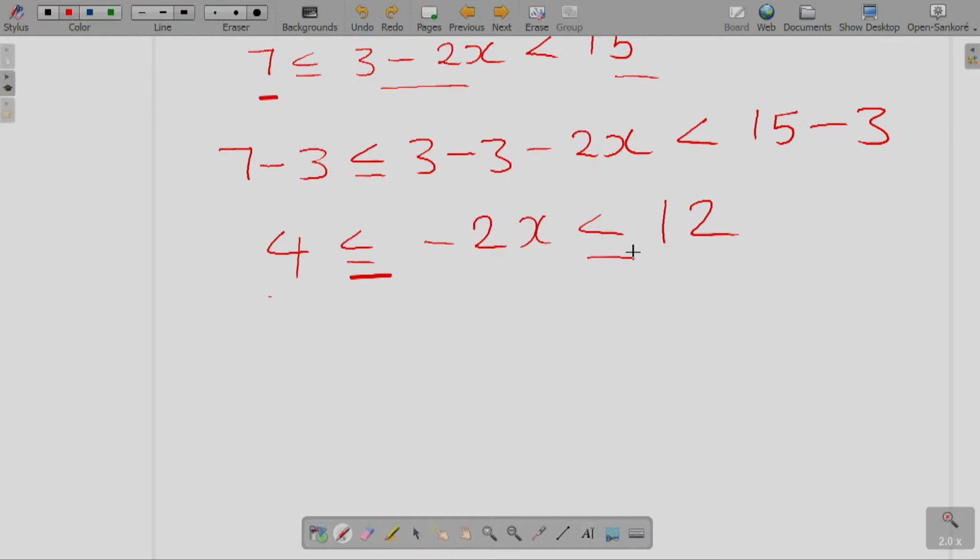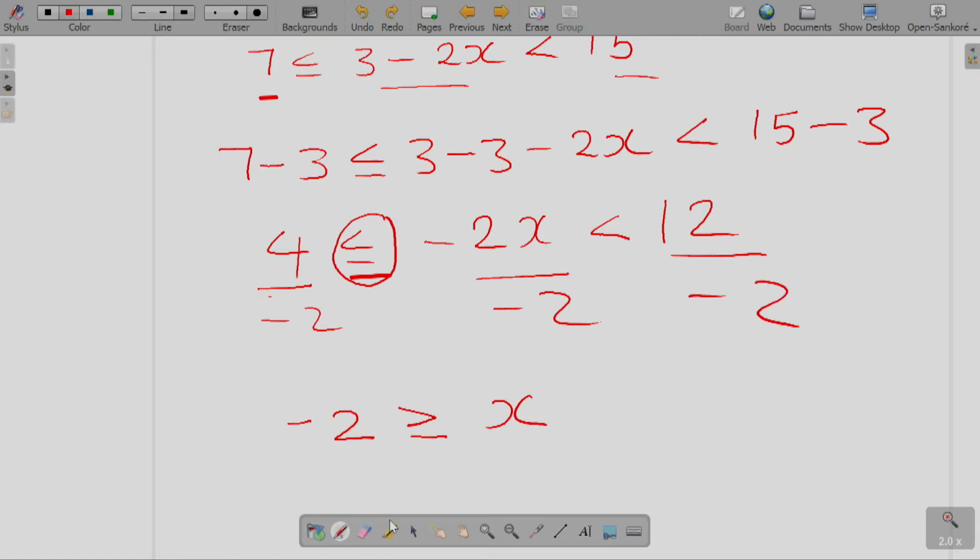So let's divide by negative 2. The sign will change from less than to greater than. So 12 divided by negative 2 gives us negative 6. So this one will be the answer.